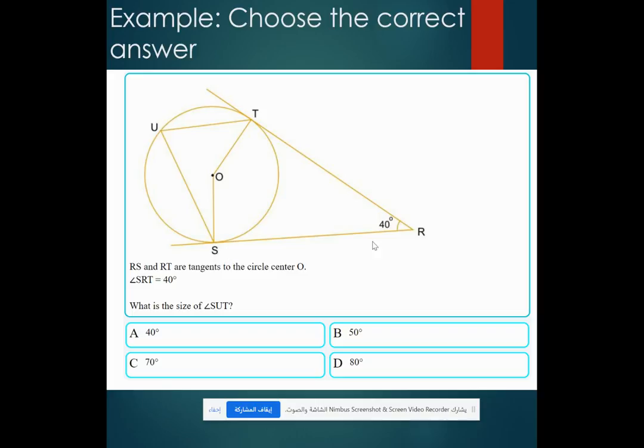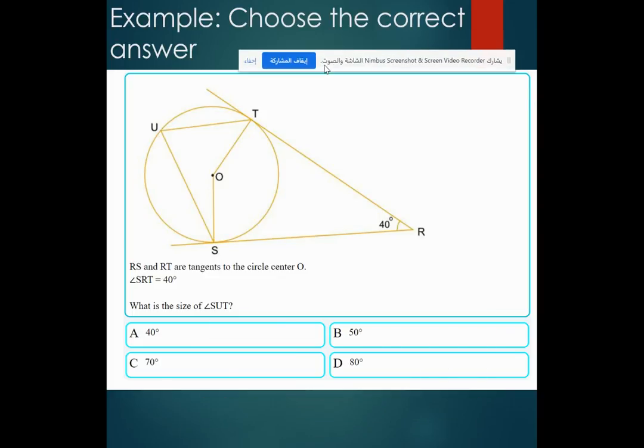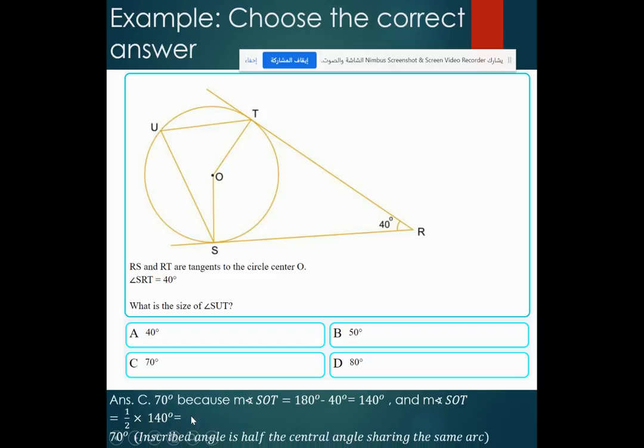So we need to use the 40 degrees at R and subtract it from 180 to get the central angle in the cyclic quadrilateral, and that will make it 140. Then take the half of it, which is going to be 70. So the answer finally is going to be C, 70. And this is the way we calculate it.